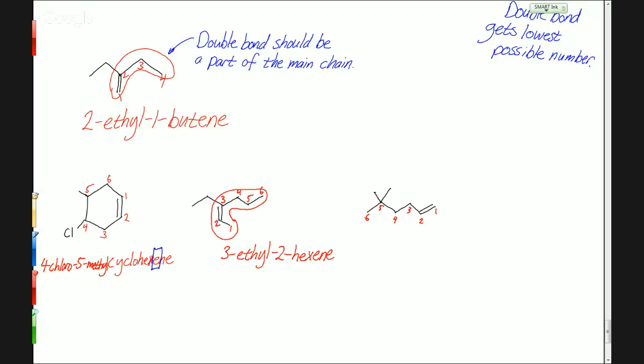So that means that this name would be 5,5-dimethyl. And we could just say hexene, or we could say 1-hexene with an E to show us that there's a double bond there.